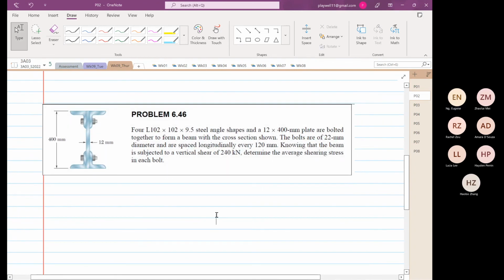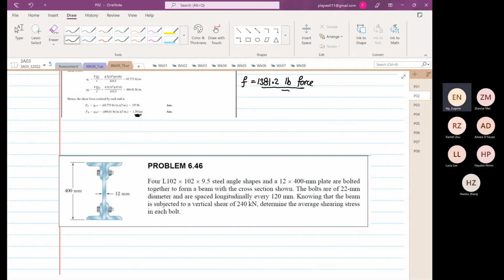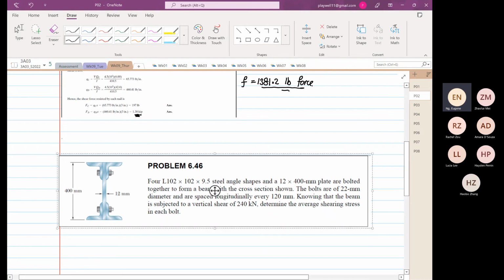Okay, Solomon, or I know him as Solomon, is asking a question. That is the design of the shear flow.